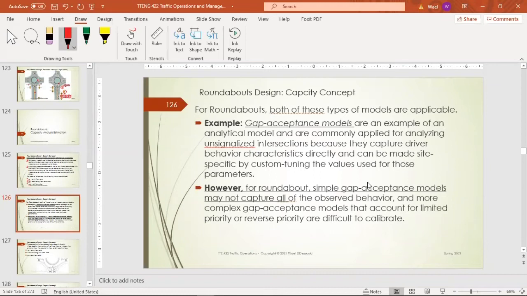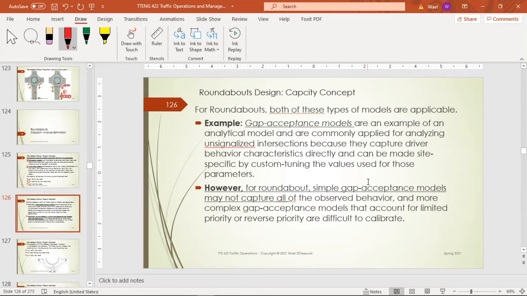Gap acceptance models are an example of an analytical model and are commonly applied for analyzing unsignalized intersections, specifically at stop signs, because they capture driver behavior. However, we cannot use the gap acceptance model alone in the analysis of roundabouts, because roundabouts have more than just simple gap acceptance.